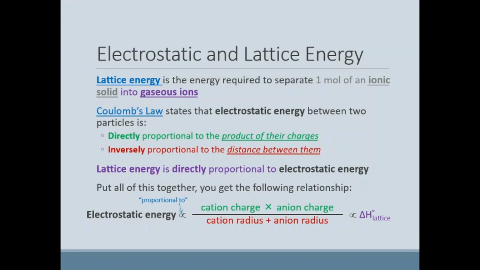So the larger the magnetic attraction, or the larger the pluses and the minuses, the more difficult it's going to be for you to separate those 2 atoms. On the other side is if you have large atoms versus small atoms. Smaller atoms can get closer to one another, and so these electrons on A can be closer to the protons in B, and the electrons in B can be closer to the protons in A, and so forth.